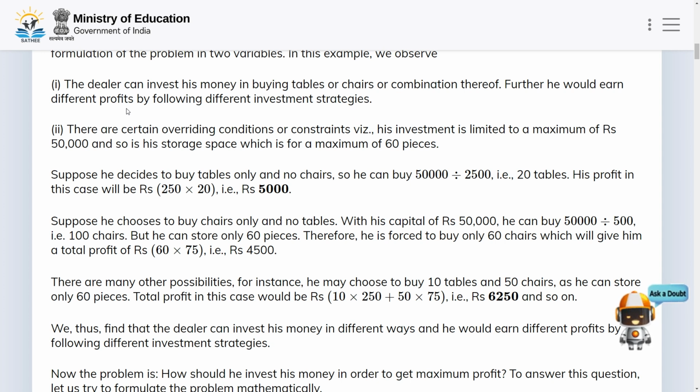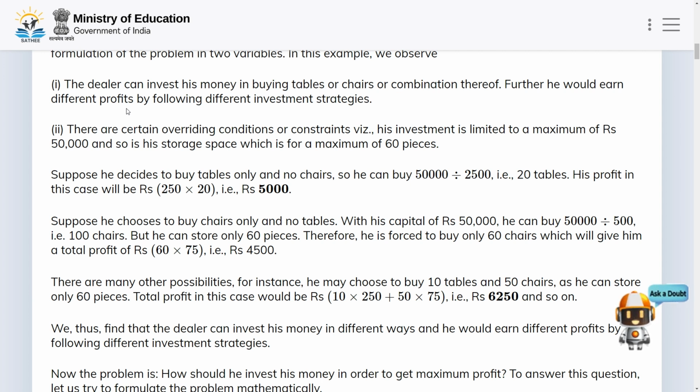There are many other possibilities. For instance, he may choose to buy 10 tables and 50 chairs, as he can store only 60 pieces. The total profit in this case would be 6,250. As you compare with the above profits, you can see that it is greater than the earlier ones. Such kinds of problems you have to tackle in this chapter.